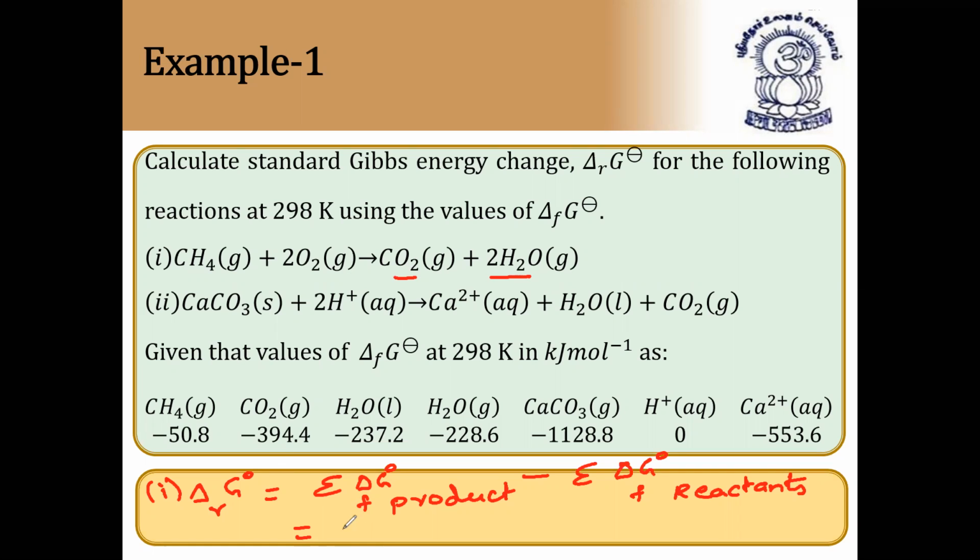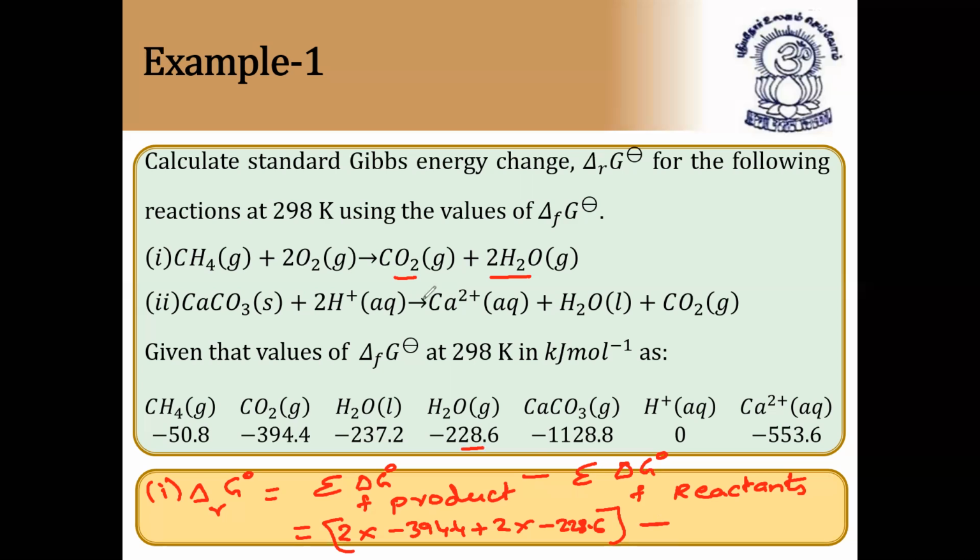So that is 2 into, what is the formation of carbon dioxide? Minus 394.4, plus, only products I'm doing now, 2 into formation of water. 2 into formation of water in gaseous form, minus 228.6.